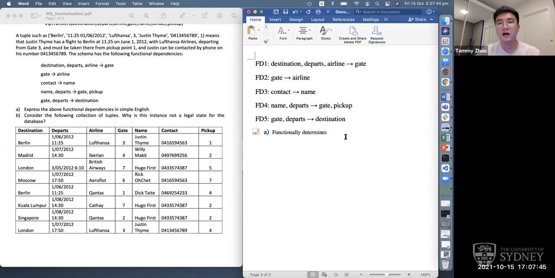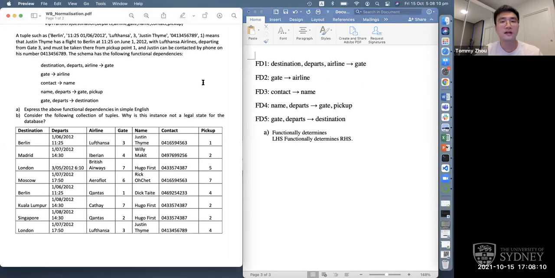So we could always argue that left-hand side functionally determines right-hand side. If we don't actually want to get a sense of that, you would argue that the combination of destination, departs, and airline functionally determines gate.